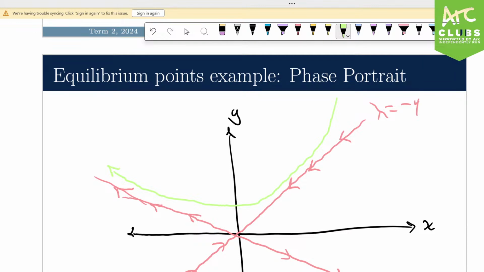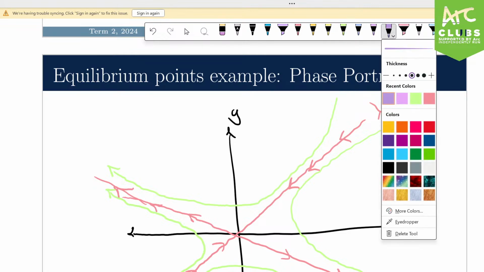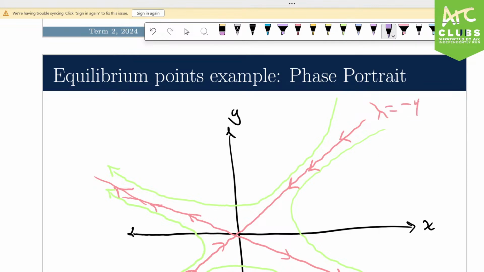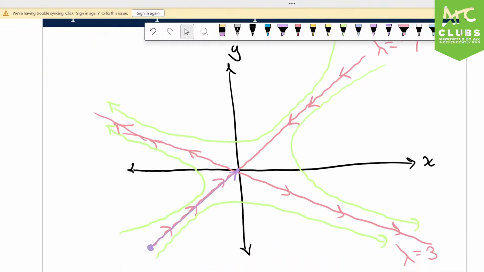We might have something that comes in like this, or something like that. These are just some solution trajectories. If we lie along this eigenvector, we go straight to the origin, and that is only if we are on the eigendirection of the eigenvector with the negative eigenvalue.